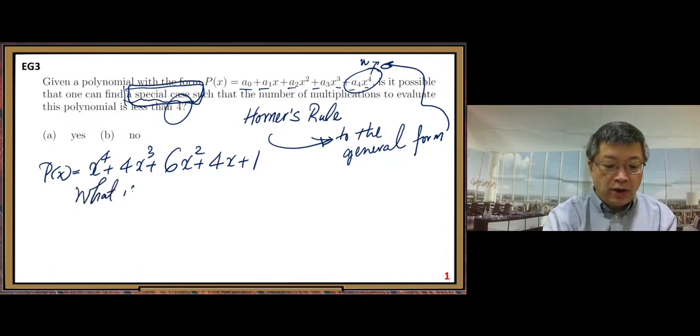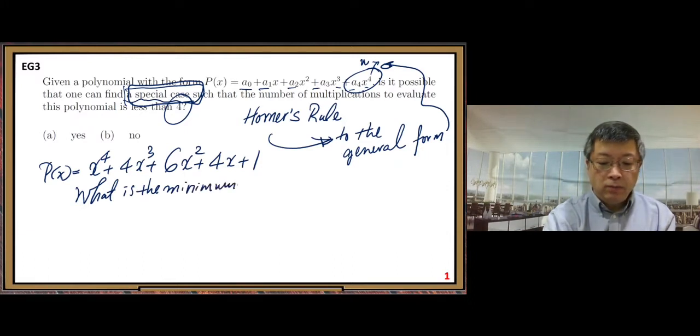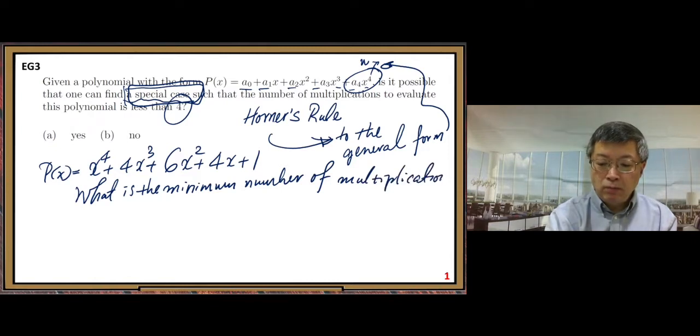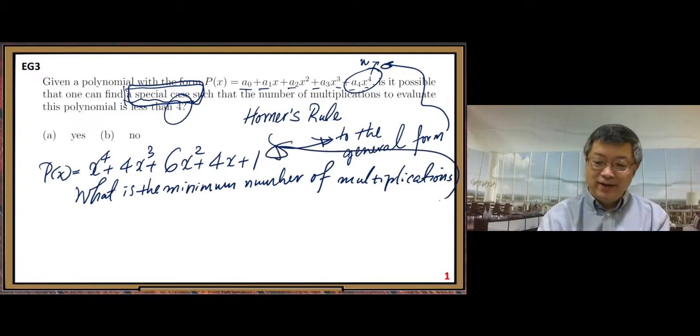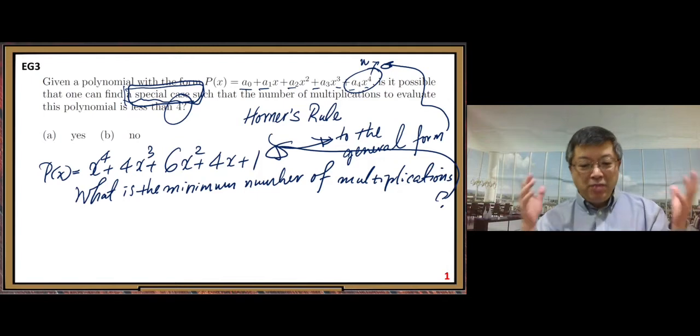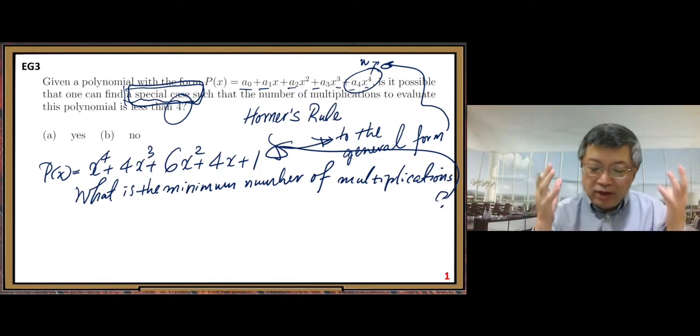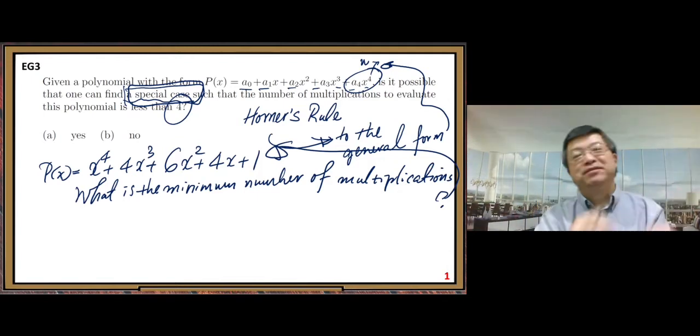What is the minimum number of multiplications to calculate this polynomial? Find the minimum number of multiplications.